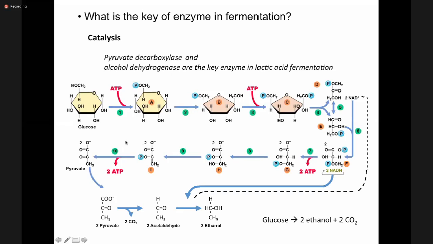Basically, it's glycolysis, but connected to ethanol production, like this. Removing carbon dioxide and reduction of acetaldehyde. So there are two additional enzymes for ethanol production: pyruvate decarboxylase here, and alcohol dehydrogenase here.